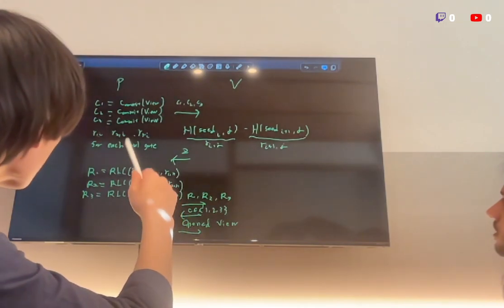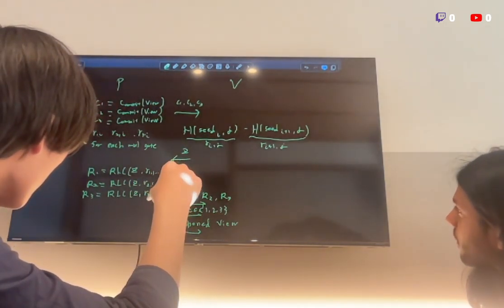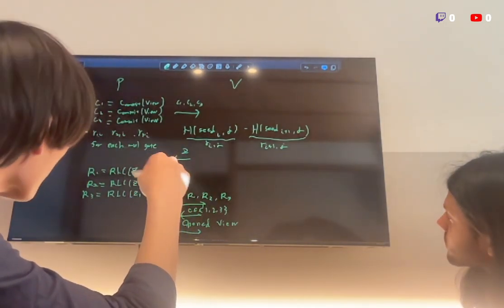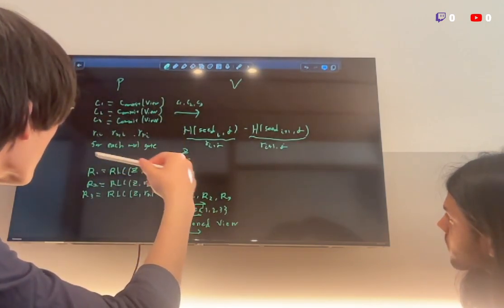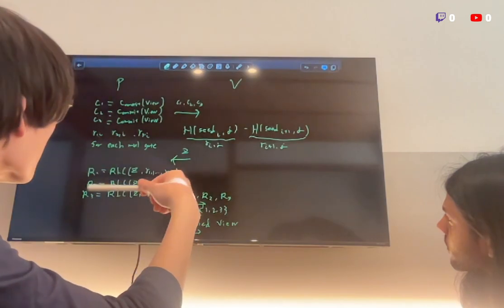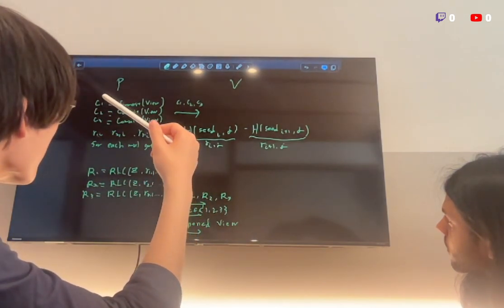This is a one-time runtime randomness for each multiplication gate, used when computing the share of the output of the multiplication gate.